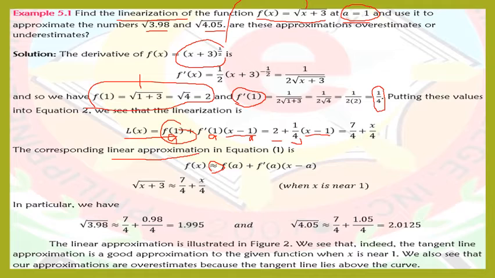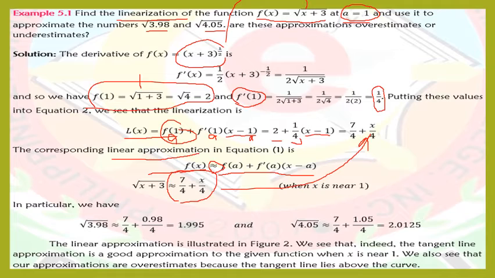Okay, so f of x is approximately equal to f of a plus f prime of a times x minus a, or simply, palitan natin si f of x, ang given na f of x is the square root of x plus 3, yan yung given natin na function, diba? And then, yung equivalent ni f of a plus f prime of a times x minus a at a equals 1 is 7 over 4 plus x over 4. Galing siya dito sa linearization.